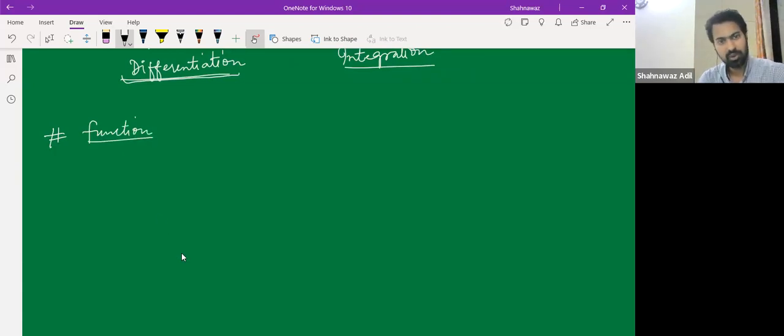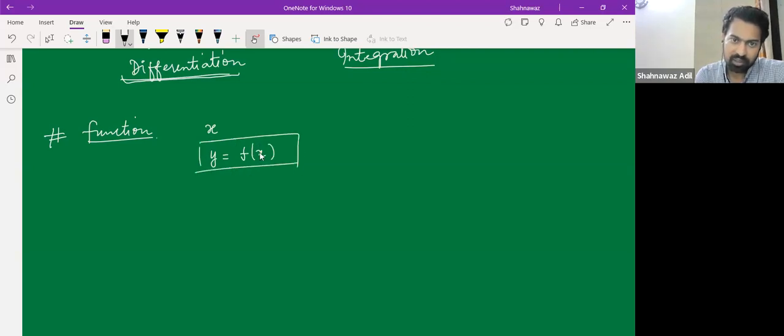Let's say you have some variable X and some other variable which is dependent upon X, so that would be called Y, and that would be some function of X. So this X would be called the independent variable, and this Y is called the dependent variable.